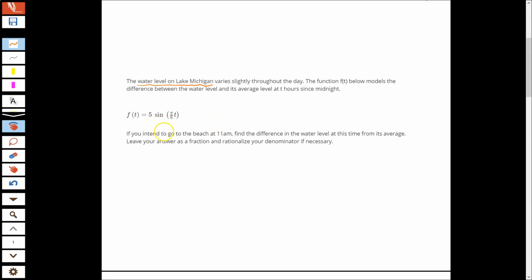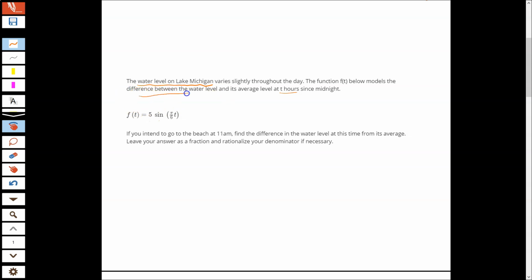So because this is a cyclical relationship, we can model it using a sine or a cosine function. And we have 5 sine pi over 6t. And it says t is hours since midnight, and f is the difference between the water level and its average.